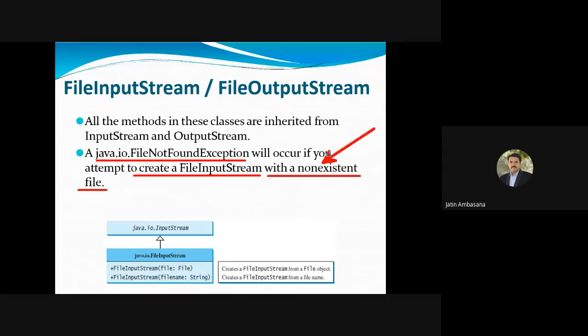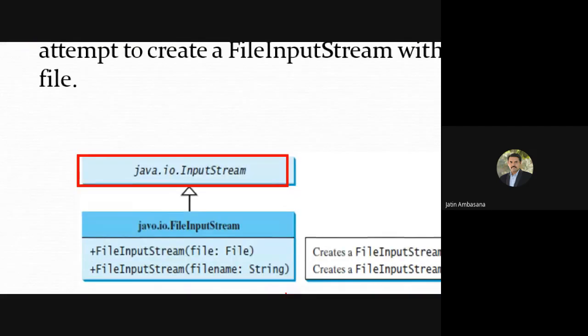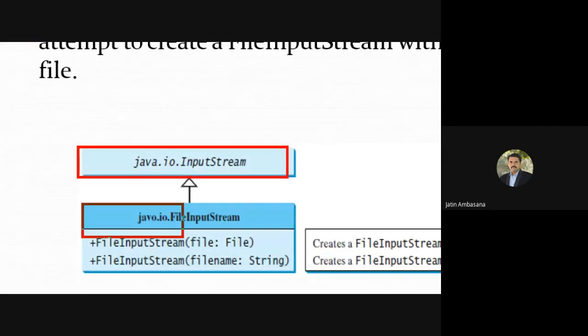If the file does not exist and we try to create a file input stream for it, that will throw a file not found exception. This is the abstract input stream from which file input stream inherits, and it provides two constructors: file input stream where you provide a file, and file input stream where you provide a file name as a string.